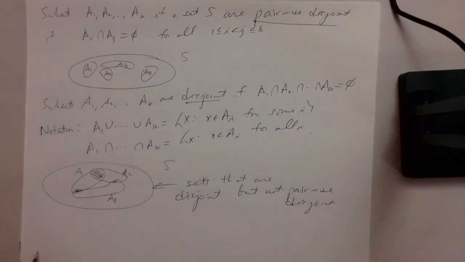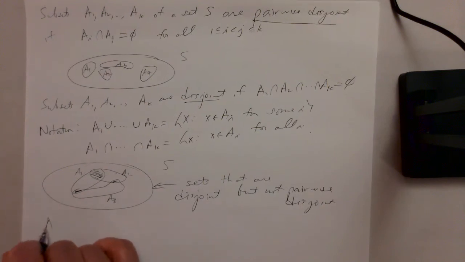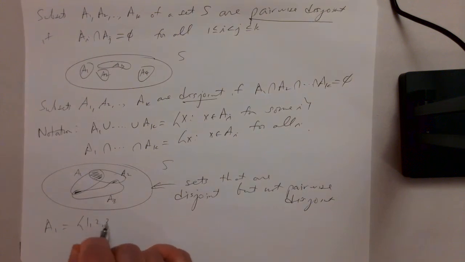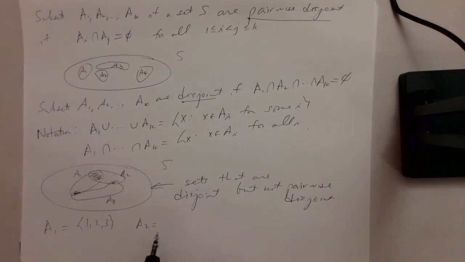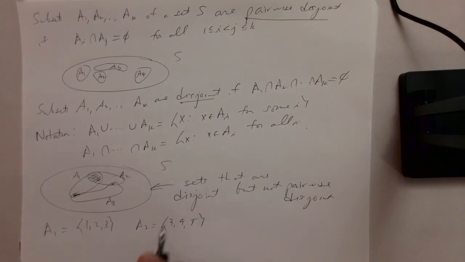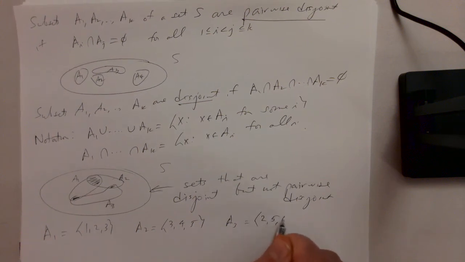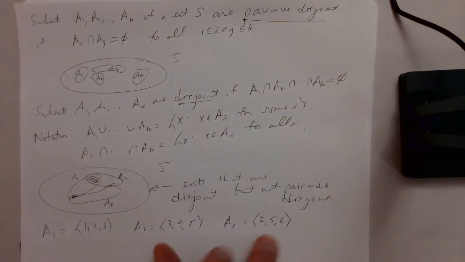If you wanted to write down a concrete example of such sets, you could, for example, let A1 equal {1, 2, 3}. Let A2 be equal to {3, 4, 5}. And you could let A3 be equal to {2, 5, 6}.